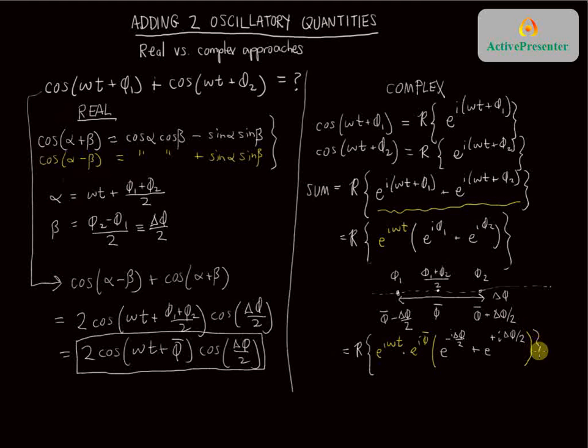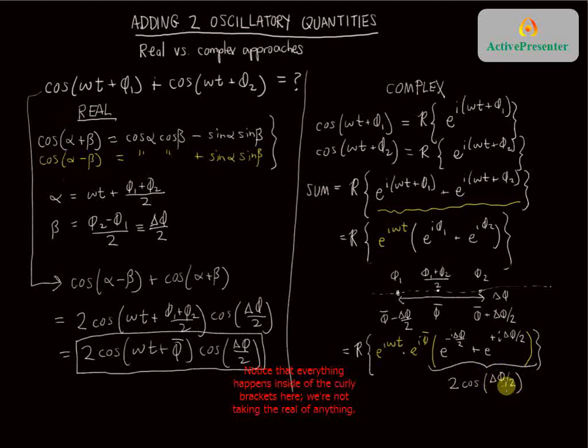So now I can immediately rewrite this as just being twice the cosine of delta phi over 2. Notice that that's emerged just like it was over here. The other two terms can be grouped together as e to the i omega t plus phi bar times that. And we're taking the real part of this whole expression. But you know what?